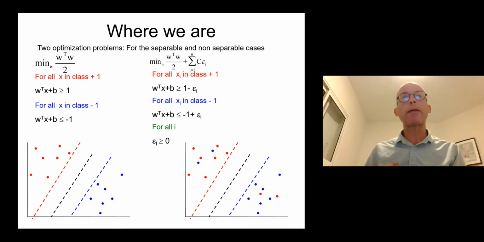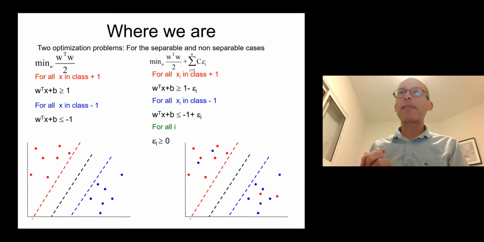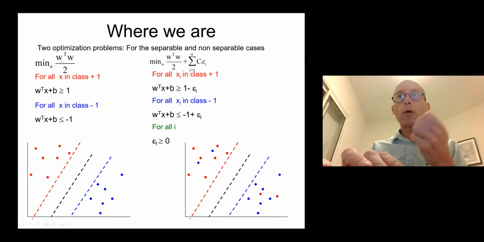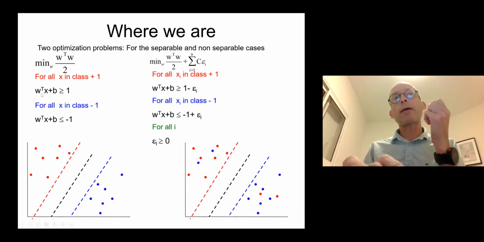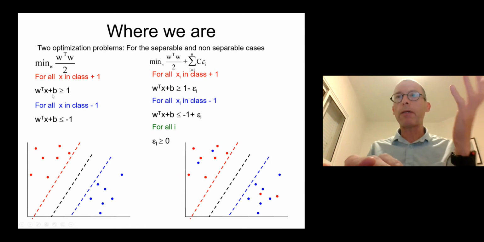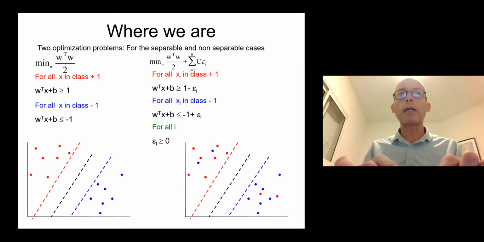Okay, so that's it. Now, one thing to note, and it may seem trivial, but you will see in the next few slides that we can change that, is that the number of parameters in the linearly separable case is equal to the number of features in our data, right? So the number of parameters W is the number of features plus 1, because we have this B thing. But it is basically on the order of the number of features.